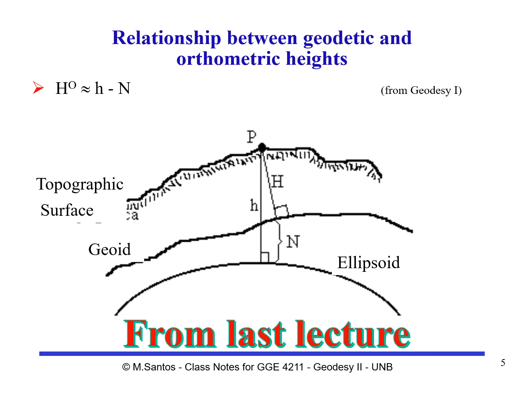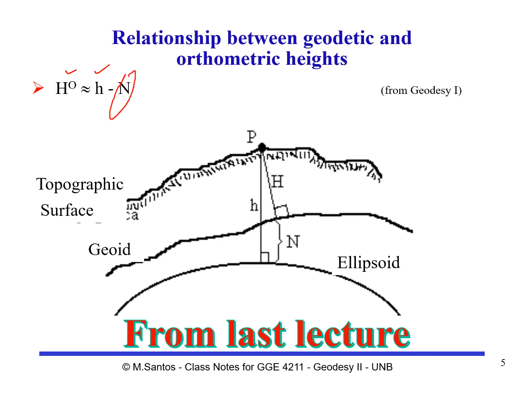So let's just make a link to what we discussed last time. We talked about how we can connect the heights that we get from GNSS, the geodetic heights, popularly called ellipsoidal heights, and the orthometric heights, which are the heights that we want to use. It is done by means of the geoidal height.